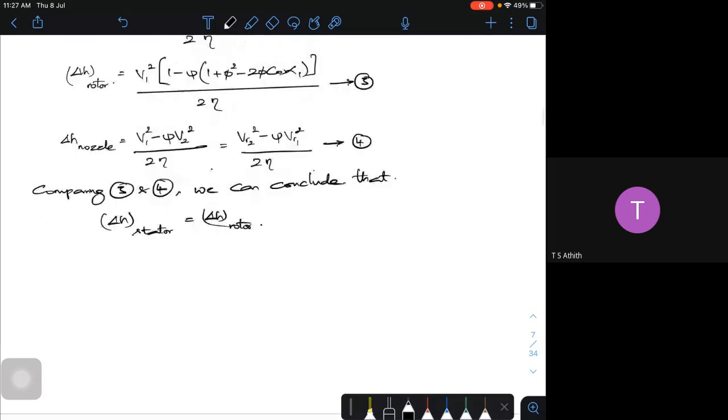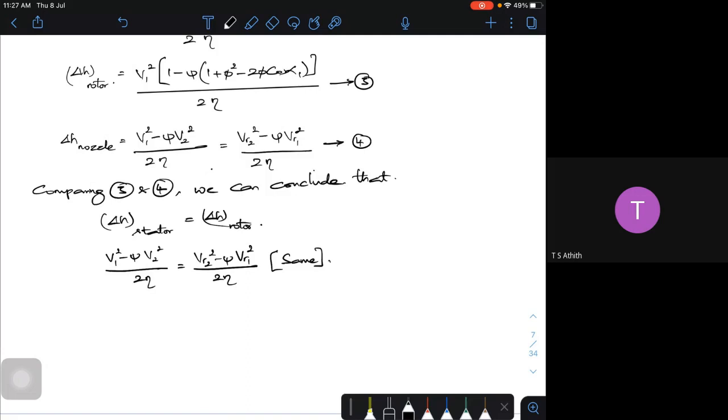That means V1 square minus psi into V2 square by 2 times the efficiency is equal to VR2 square minus psi into VR1 square by 2 times the efficiency. That means they both are the same. That is the meaning of it.